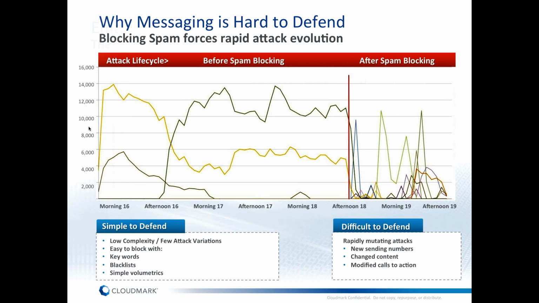hours of us putting in the first set of blocking techniques, we started to see a rapid fluctuation in the types of scams that this particular sender was sending out through the messaging stream. It went from 3 scams to tens to hundreds of scams very, very quickly within hours. So clearly they discovered that they were going to be blocked.